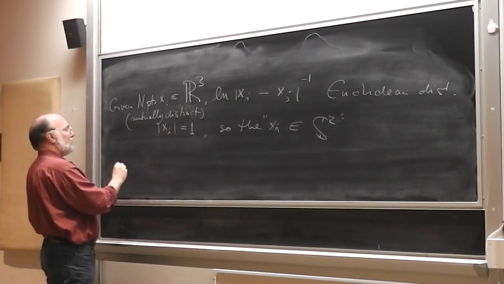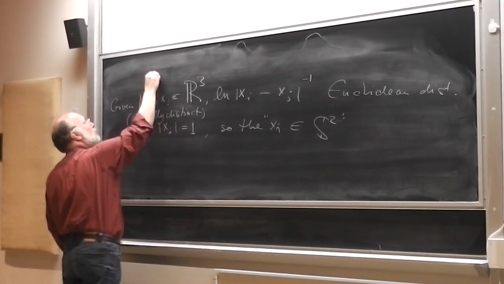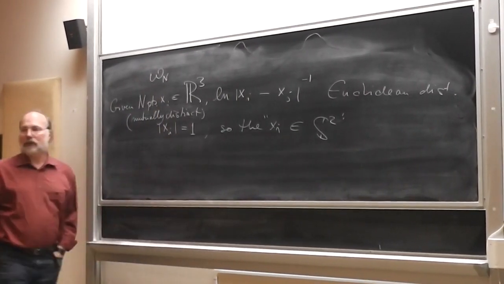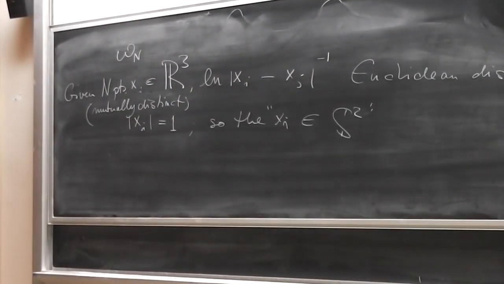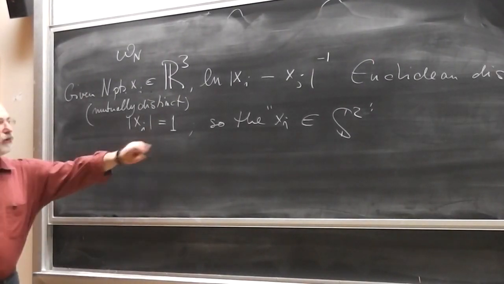We call that n-point configuration omega sub n. So that's a configuration of mutually distinct points in R3 all having unit length.